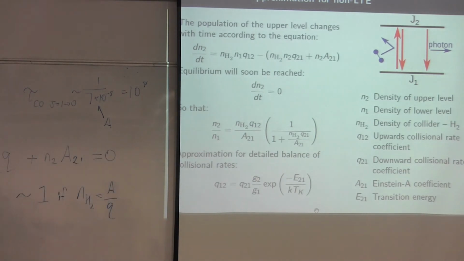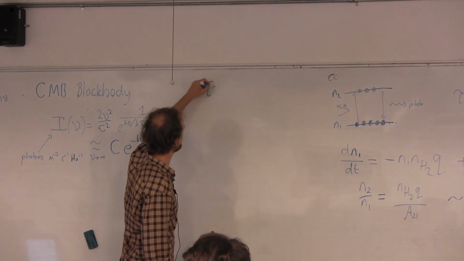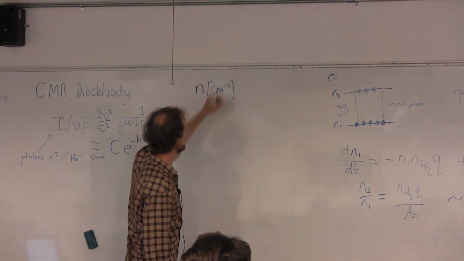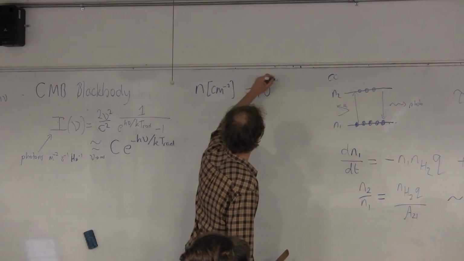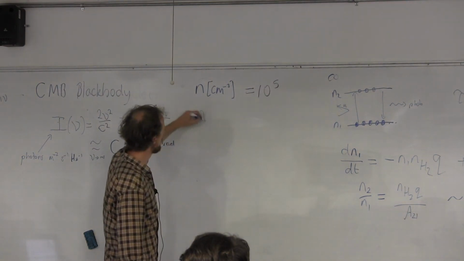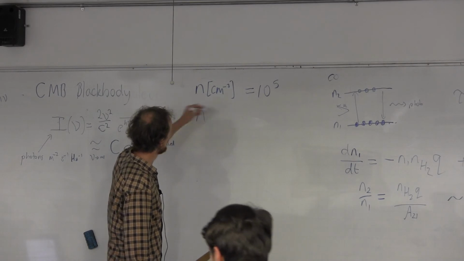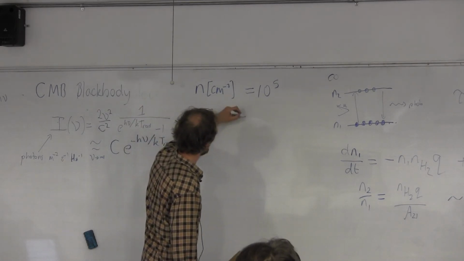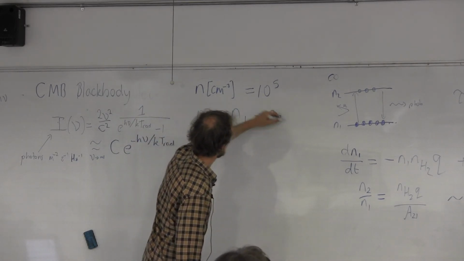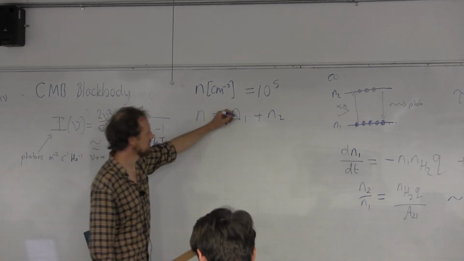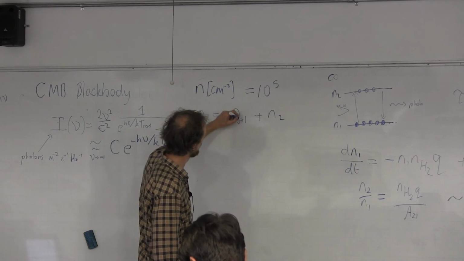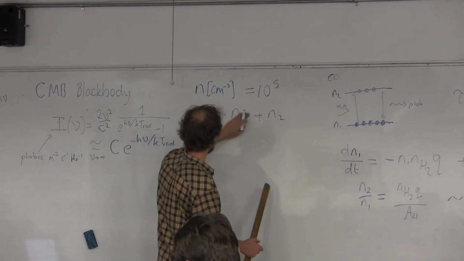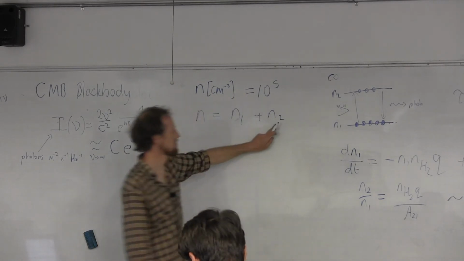If you have a total density of particles in your box, usually per cubic centimeter, say 10 to the 5, some of those are in the J equals 1 state, or N1 state, and some are in the N2 state.